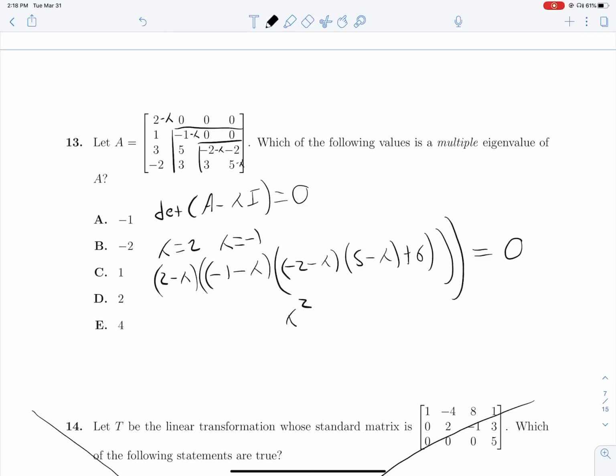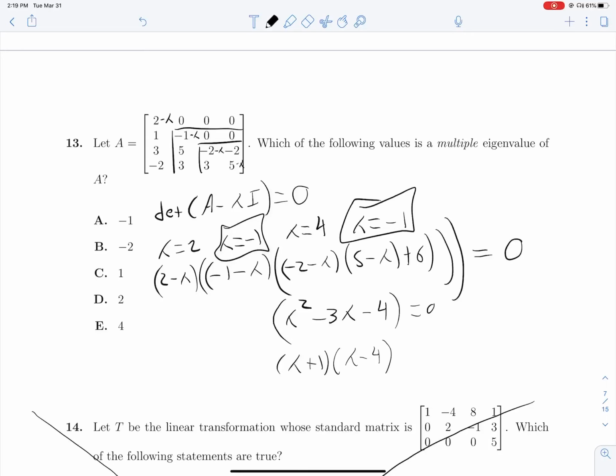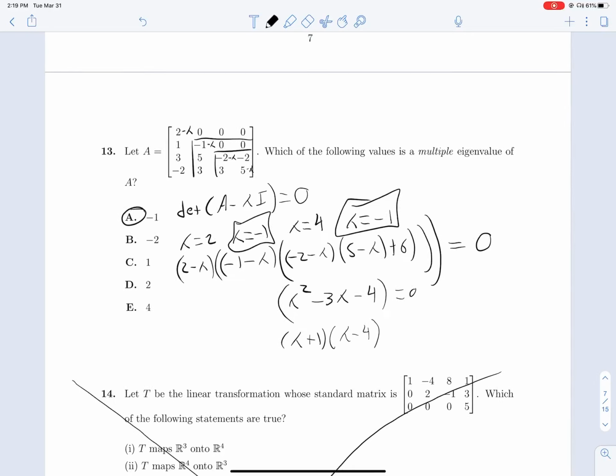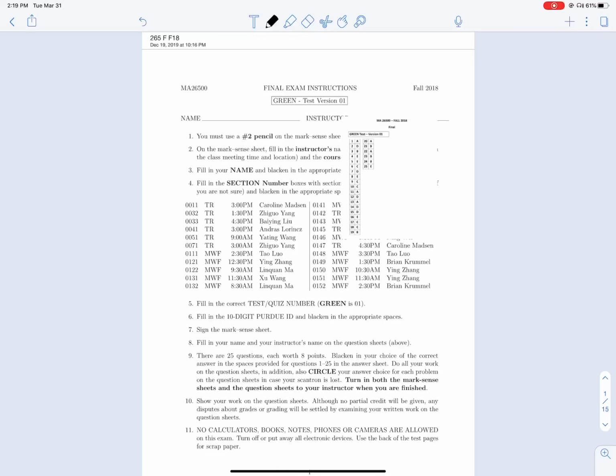We'll have lambda squared minus 5 lambda plus 2, so minus 3 lambda, minus 10 plus 6, so minus 4, and this whole thing has to be equal to 0. This will factor to lambda plus 1, lambda minus 4. So we'll see that lambda is equal to 4 in this case, and lambda is equal to -1 here. And we see that our multiple eigenvalue is lambda equals -1 because it has a multiplicity of 2. So 13 is A.